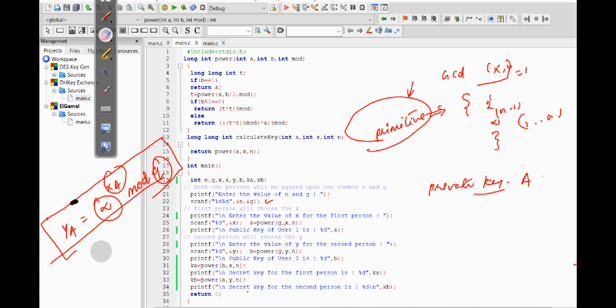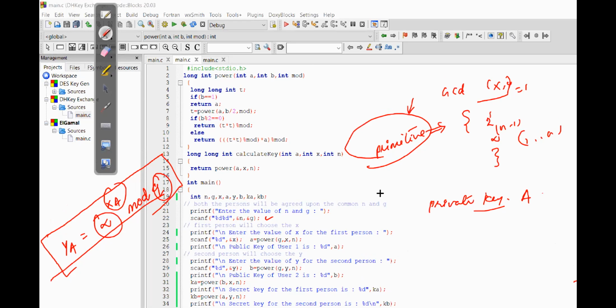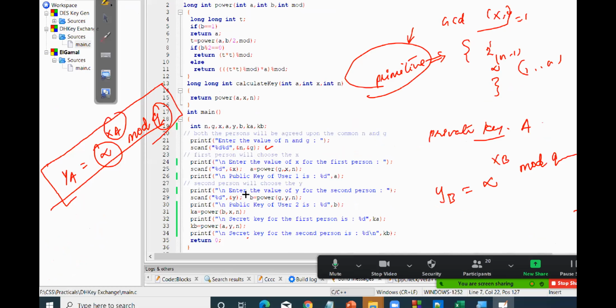And similarly, I am going to get the value from user B. User B's private key and public key will be calculated similarly, which is b is equal to power of, what is the formula to calculate the public key of user B, which is YB is equal to alpha power XB mod Q, right?